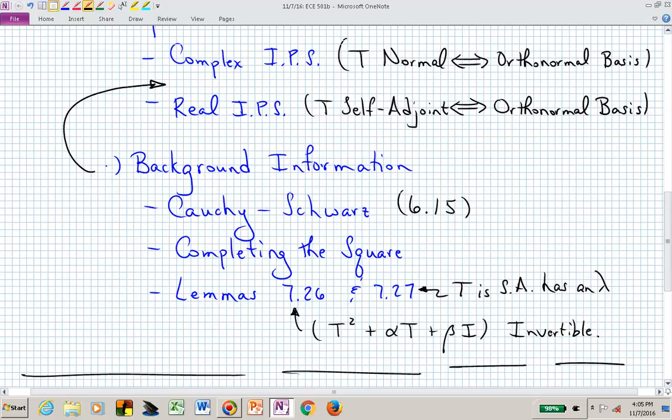And in lemma 26 in chapter 7, this particular operator, which looks like a quadratic form, T squared plus alpha T plus beta I, as long as alpha and beta have certain relationships, that operator is invertible. And when is an operator not invertible? When it has a non-trivial null space, or when it's not surjective.